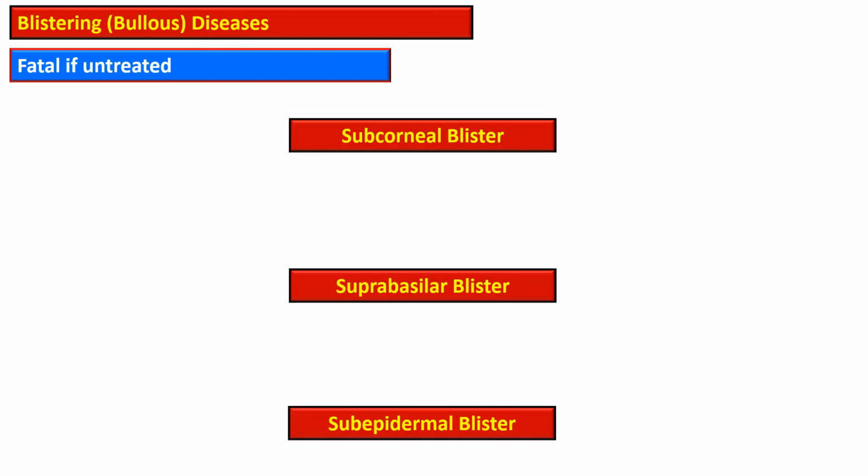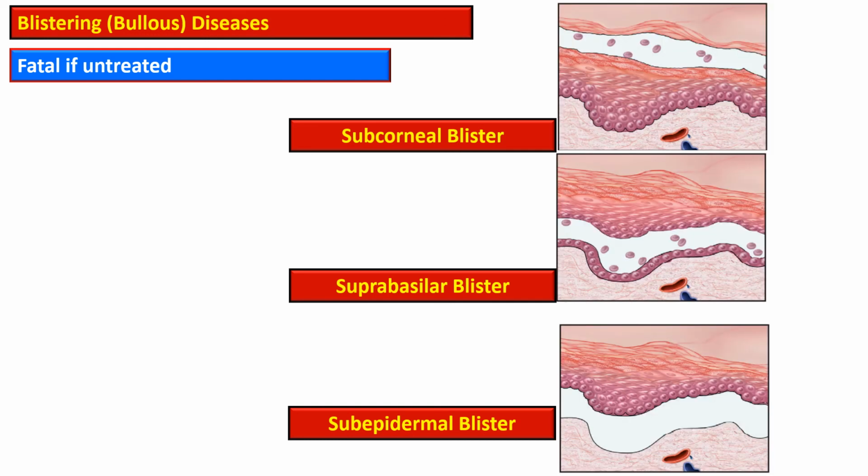And as we have seen the distribution of antigenic components, these bullous disorders may present with different types of bulla, and these can be subcorneal blister, suprabasilar blister, or subepidermal blister, depending on the pathological process involvement.